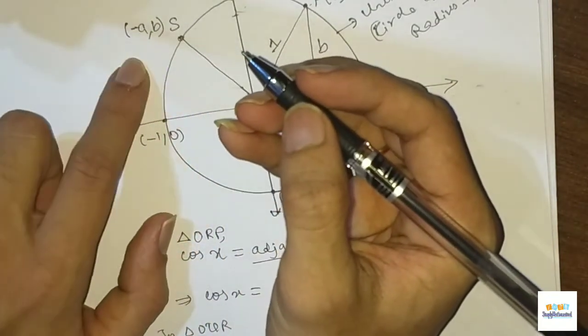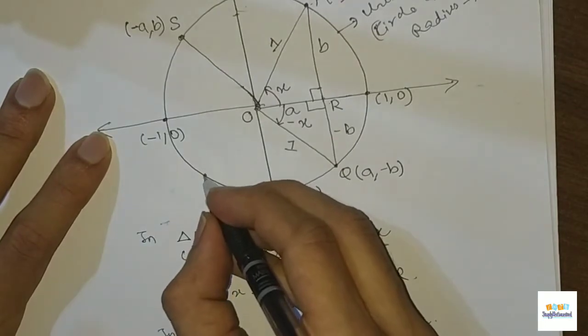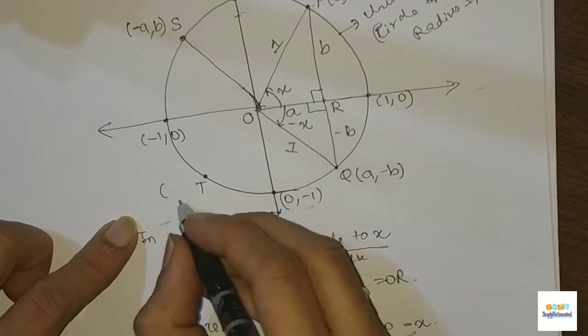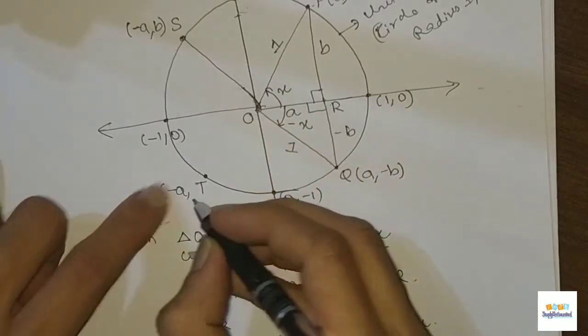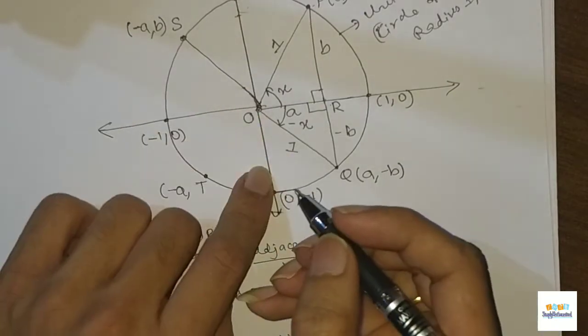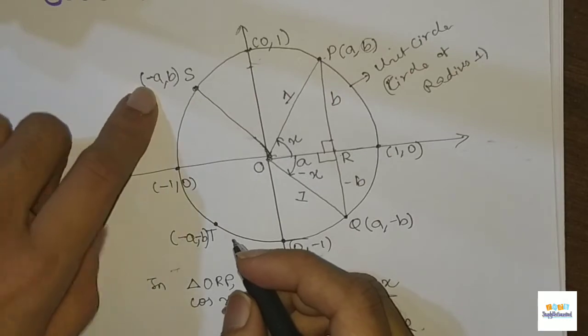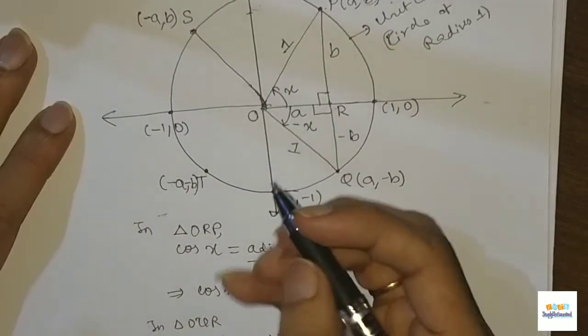So the S point will be minus a comma b. Now if you look at the mirror image of this point on this circle, let us call that T. This will be minus a, because of the negative x-axis, and minus b here. So point S will be minus a comma b, and point T will be minus a comma minus b.